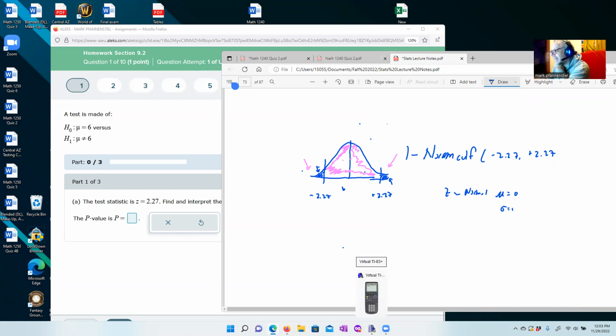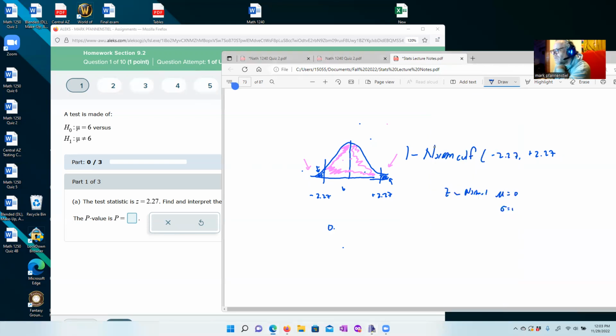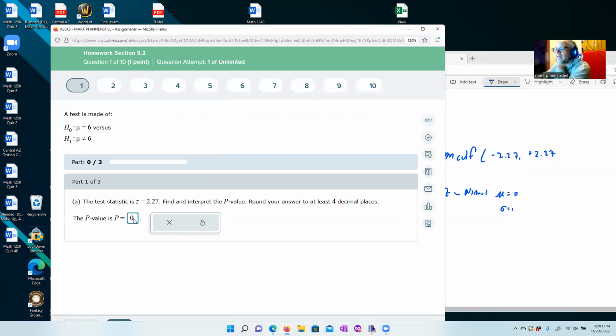But they use Z, so we have a big number, and then my mean is going to be 0 and the standard deviation is going to be 1. In here, I end up with 0.0232. So my p-value is 0.0232. Okay, that's nice.